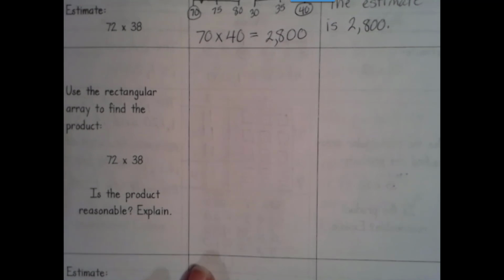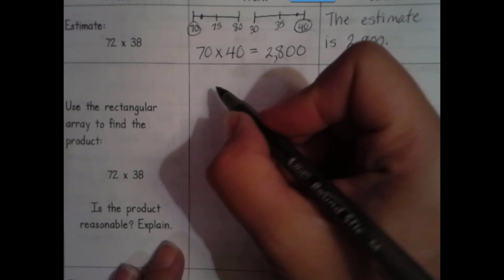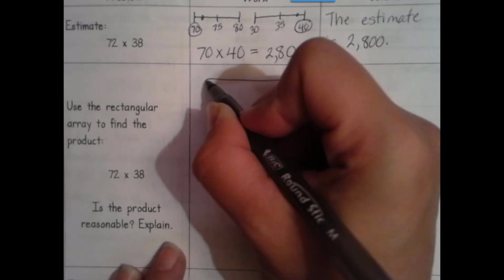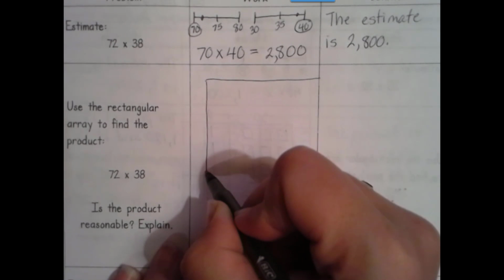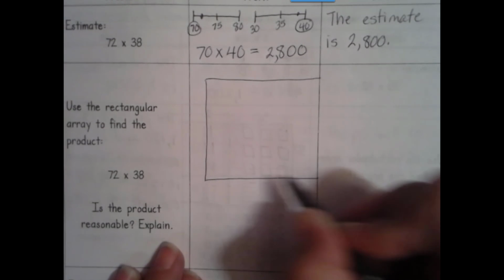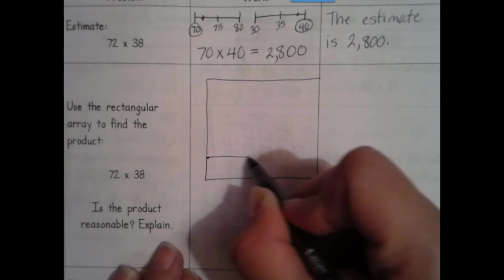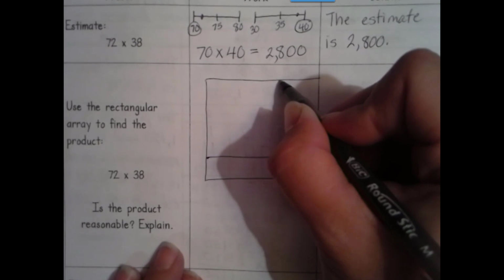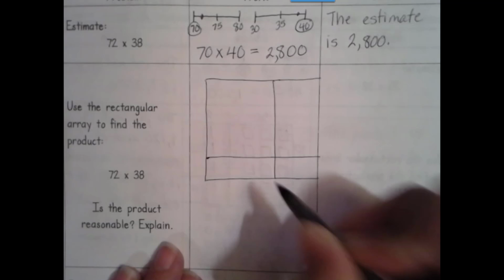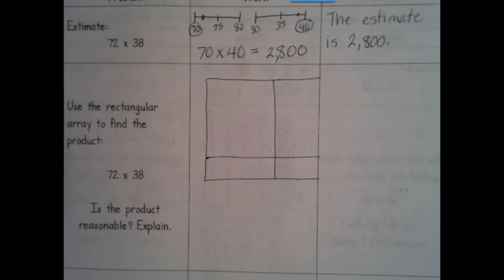Okay, now we're going to use our rectangular array. Divide it into the 4 sections.